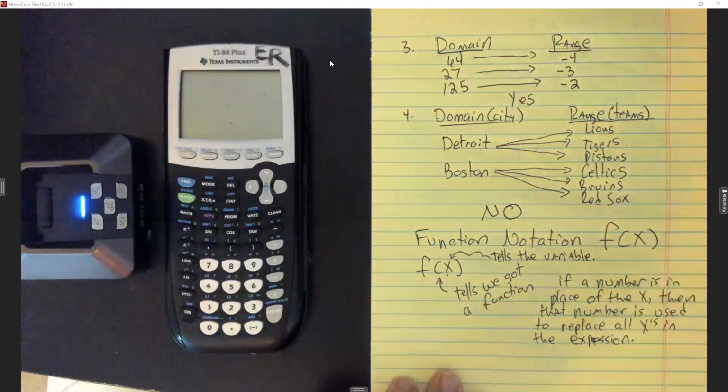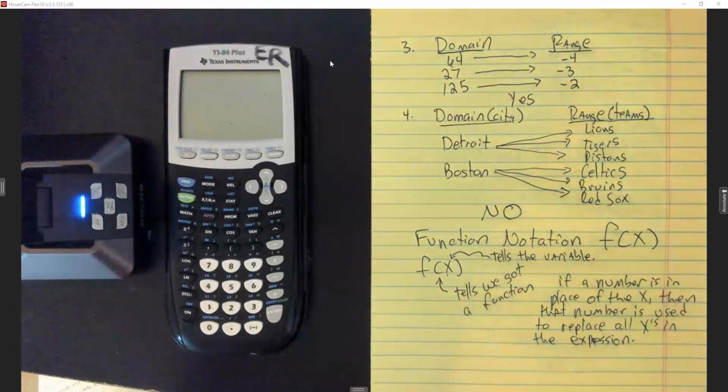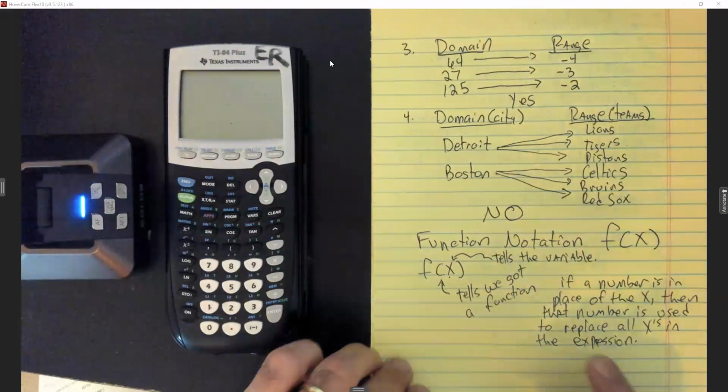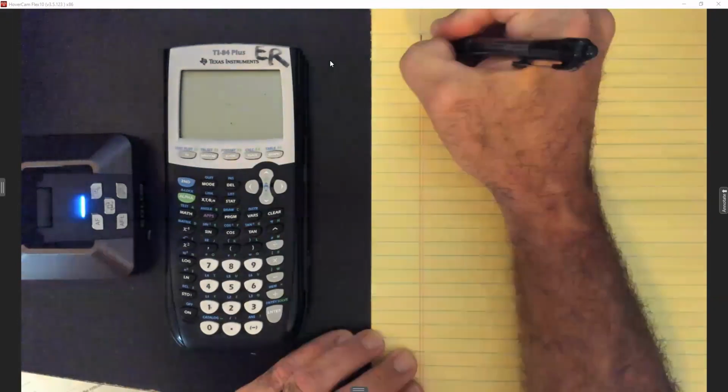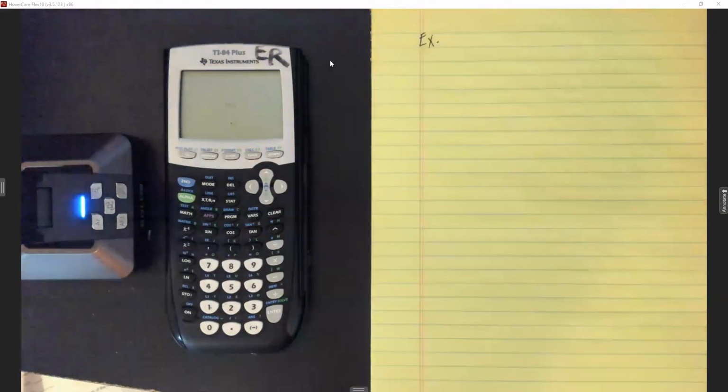Okay, so it just tells me what I'm going to replace all the x's with, and then I evaluate it and get my answers. All right, so for these examples, and this will show you a lot more about that function notation.